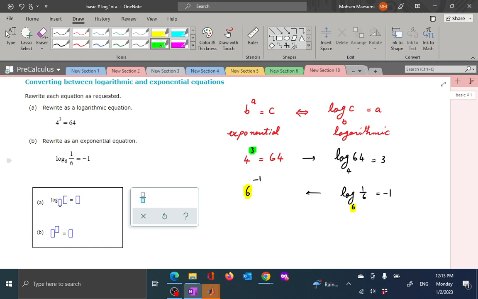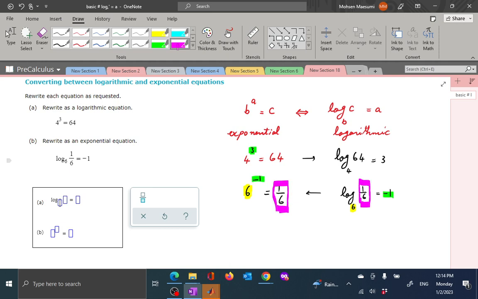Of course, 6 to the -1 is equal to 1/6. So this 1/6 here is the result of this calculation.